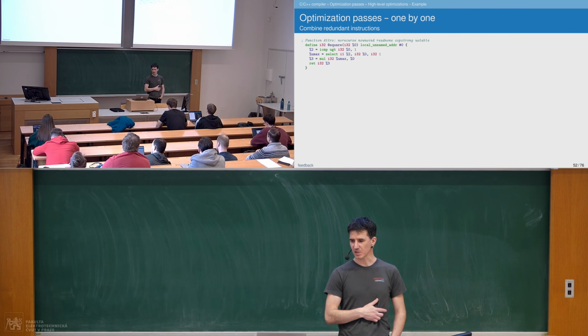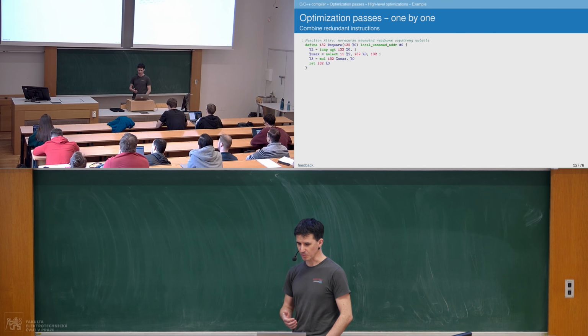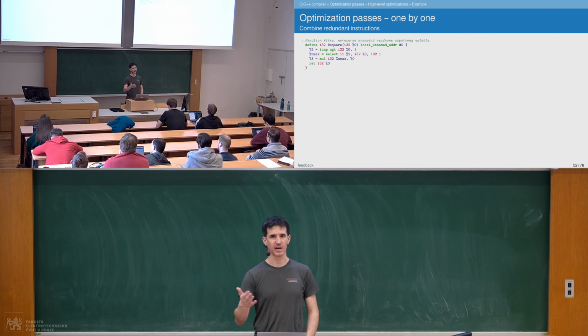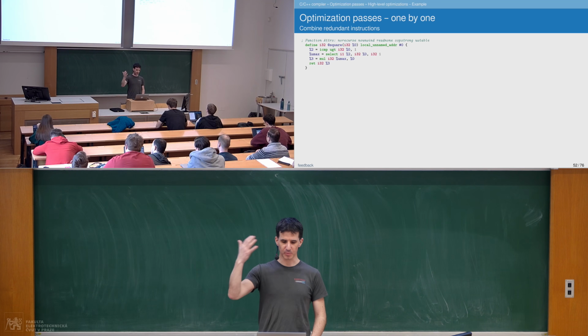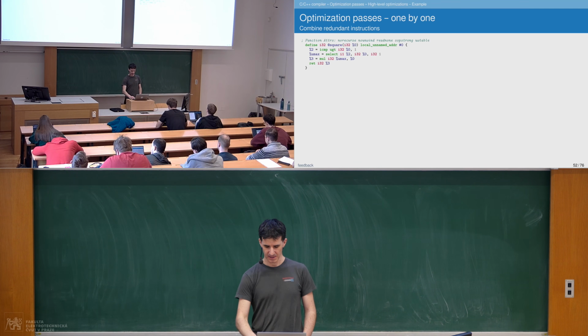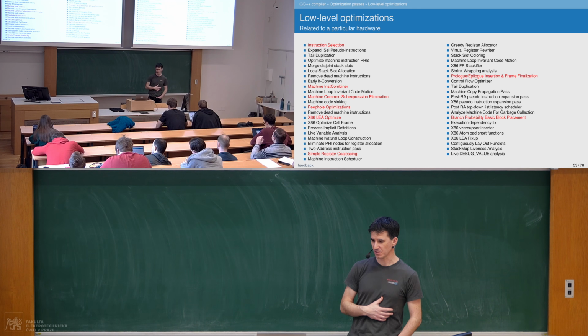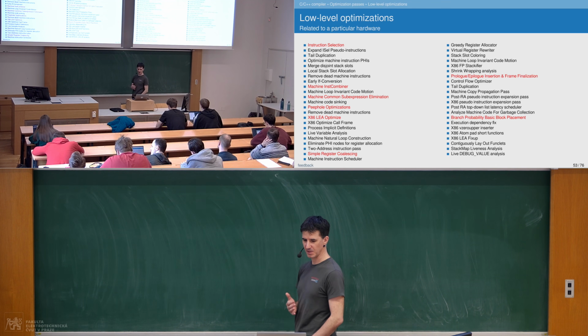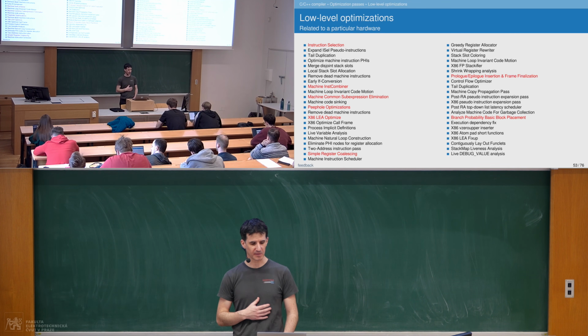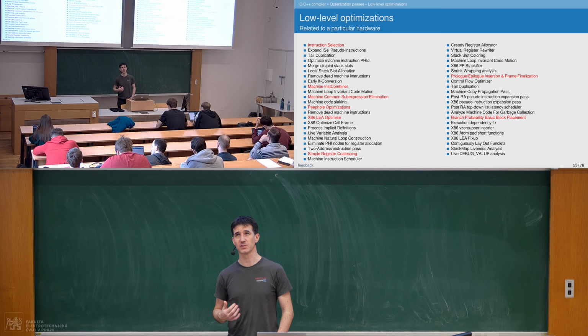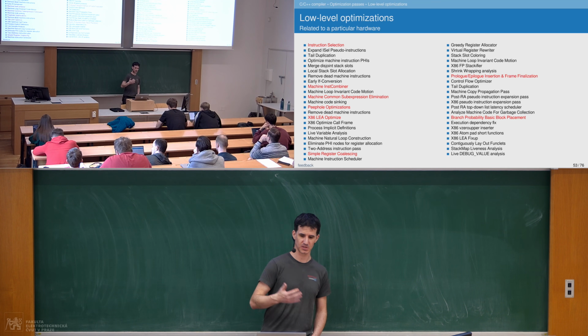So these were the high-level optimizations. Those high-level optimizations include things like function inlining, loop optimizations, and so on. And then you have low-level optimizations. There are also pretty many of them, and they optimize the code with respect to the specific hardware architecture.